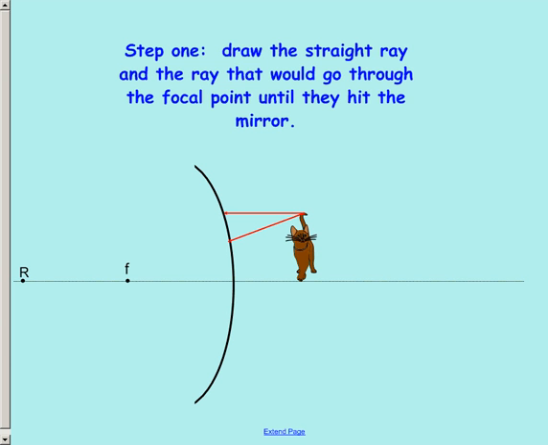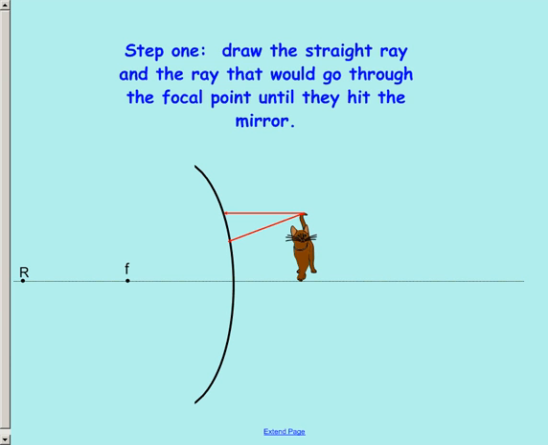Draw the straight ray and the ray that would go through the focal point, but only draw them until they hit the mirror. So you draw one straight and stop when it hits the mirror, and then lay your straight edge from the tip of your object at one point, and then lay it through the focal point at the other, but only draw a line up until you hit the mirror.